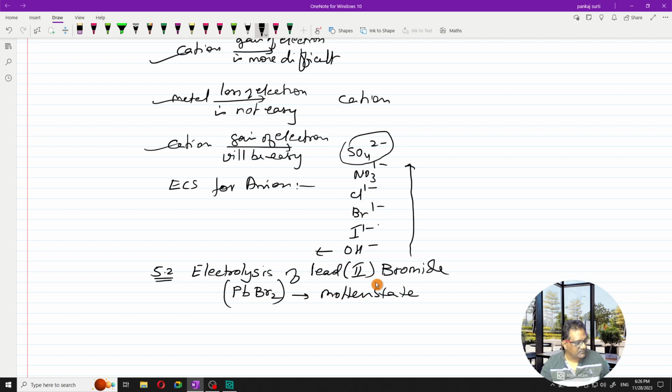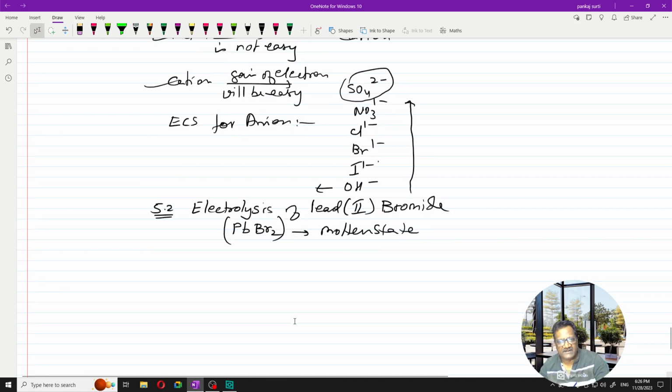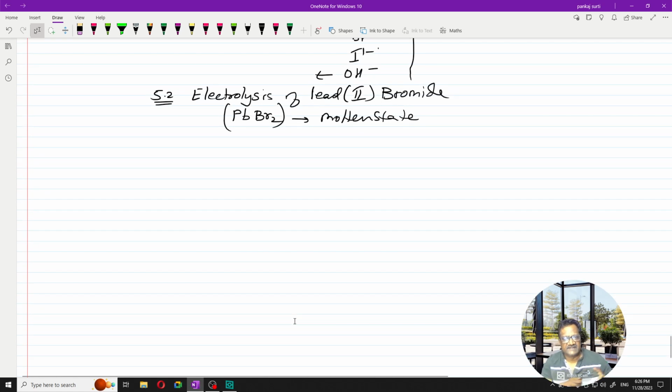Now let us try to understand and study this electrolysis of lead bromide in the molten state. If you want to carry out this electrolysis, what you have to do is take one container. In that container, first you take solid lead bromide, PbBr2.